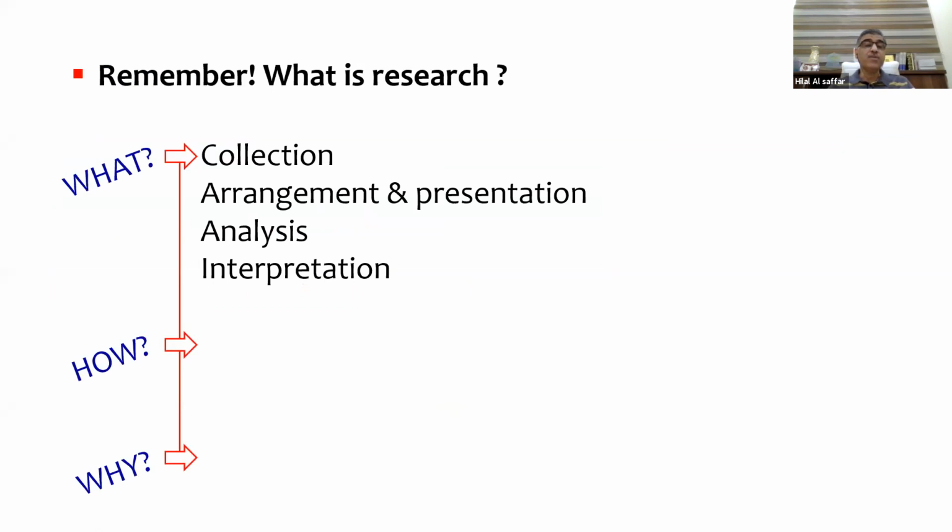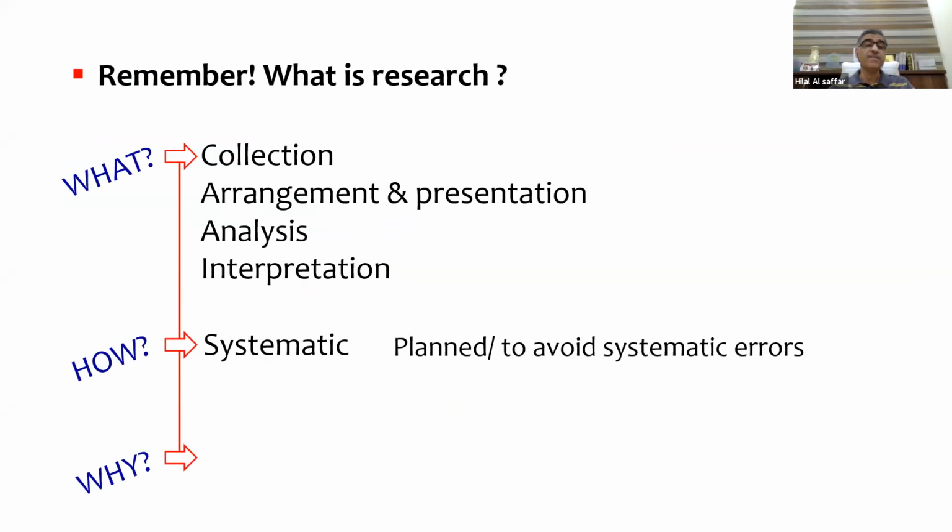We should know how to do these, and the answer to how is systematic. If we do research in a systematic way, this is research. Otherwise, the result would be inaccurate. And of course, we should never forget that whenever you are doing research, you are aiming at solving a problem, a health problem.